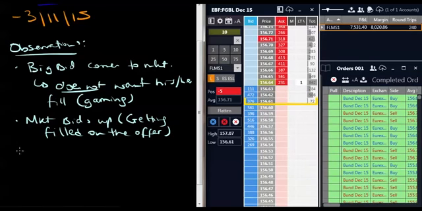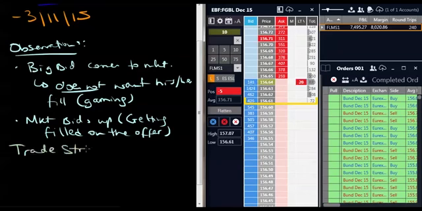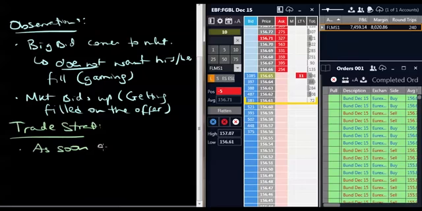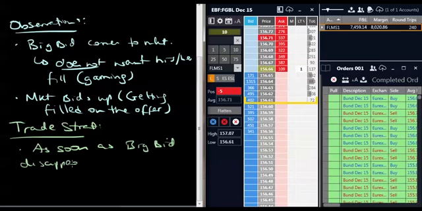And with that, the trade is, if we just point out the trade, so as soon as the big bid disappears, we offered the best offer.